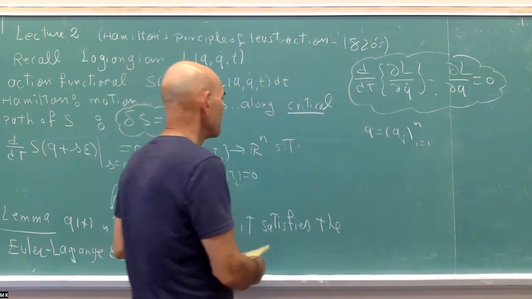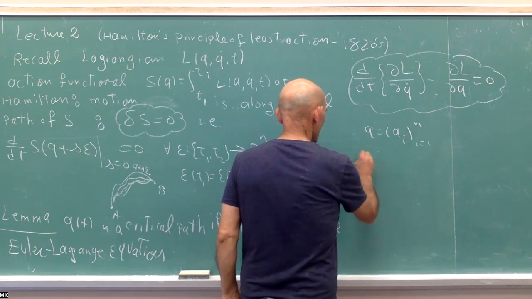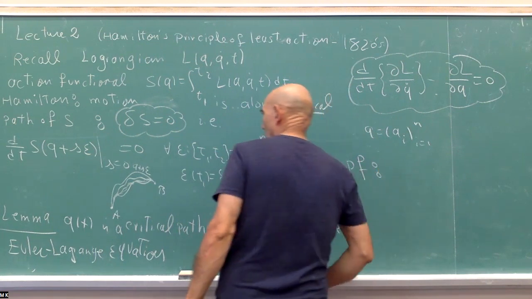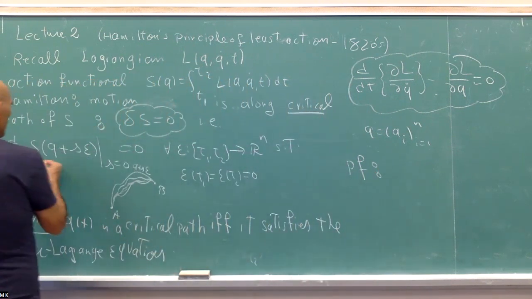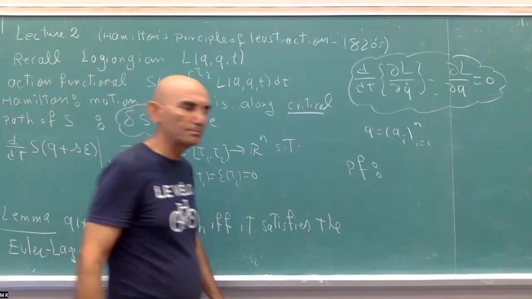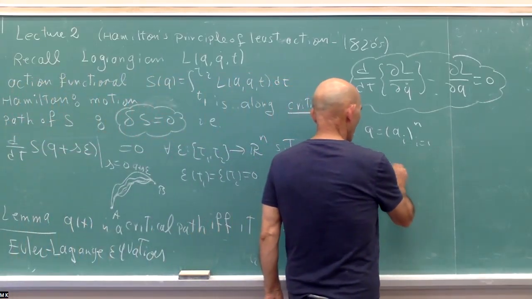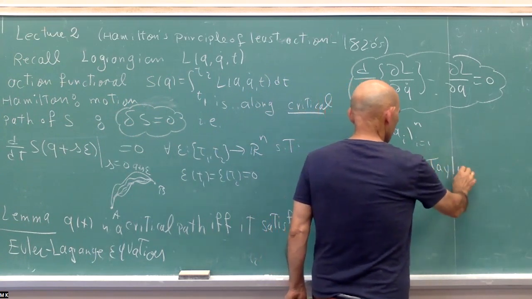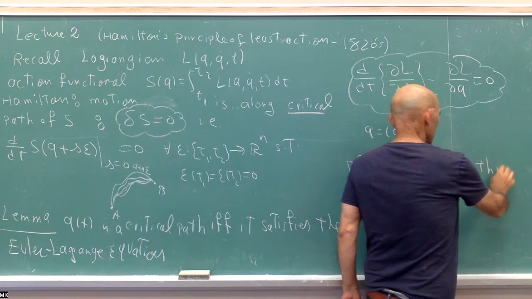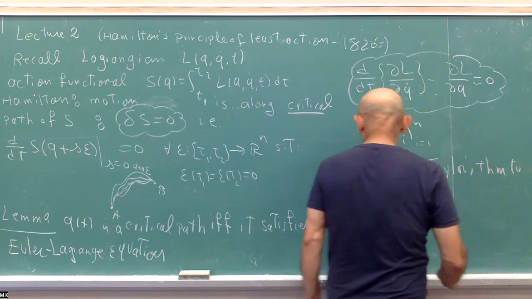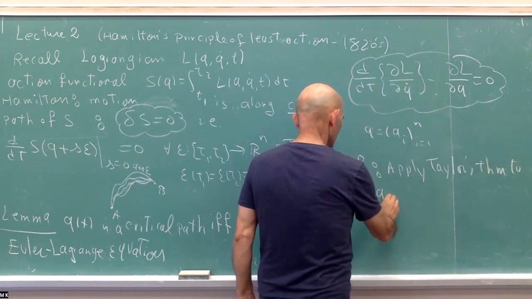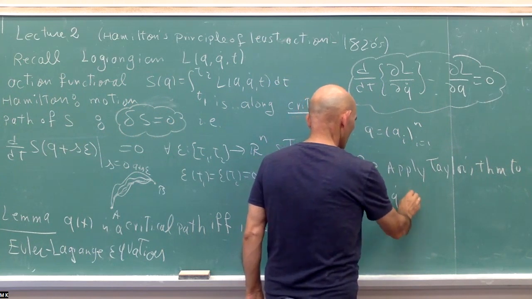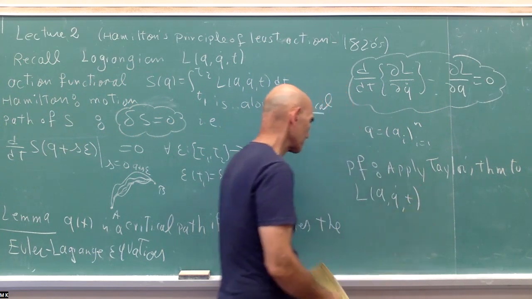So the proof of this is not difficult. What we use is Taylor's theorem. So apply Taylor's theorem to this function L of q, q dot, t.